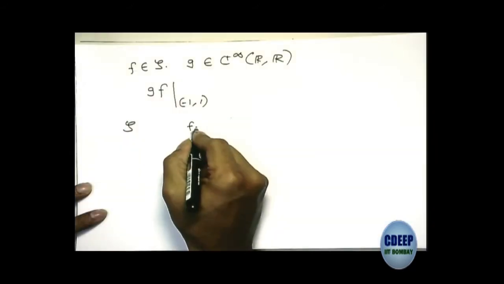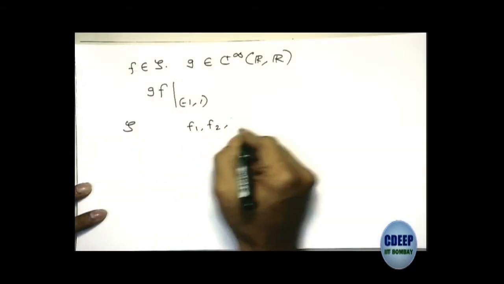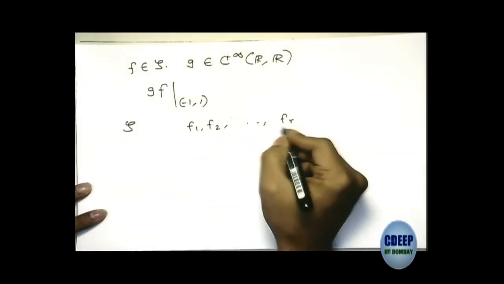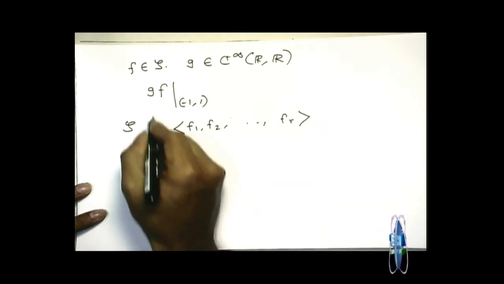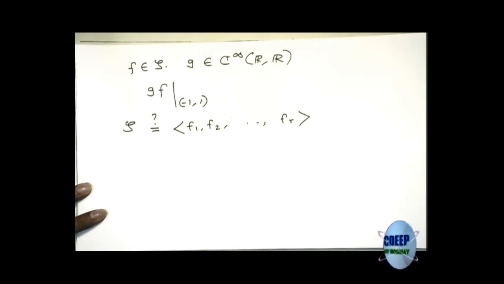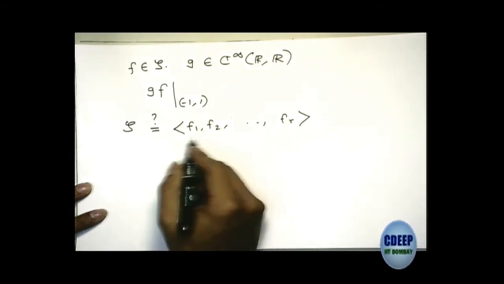So, we are asking the question that given this S, does there exist functions f1, f2 up to, let us say, fr, finitely many of them, such that this is true? What does this symbol mean here?